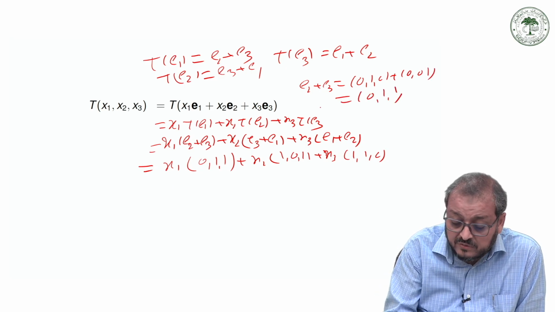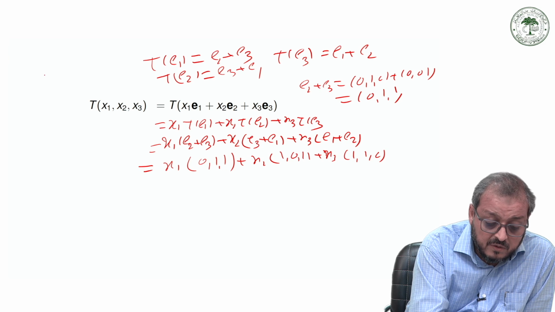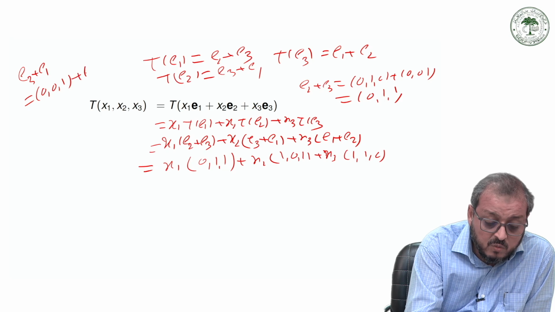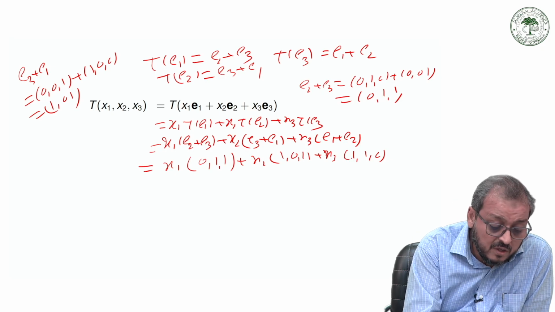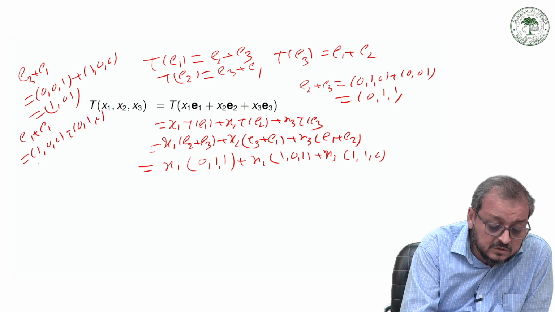Similarly E3 plus E1 is 0 0 1 plus 1 0 0, which is 1 0 1, and E1 plus E2 is 1 0 0 plus 0 1 0, which is 1 1 0.